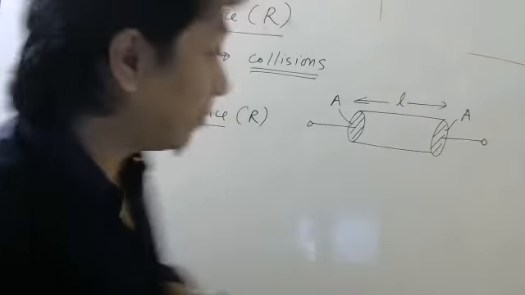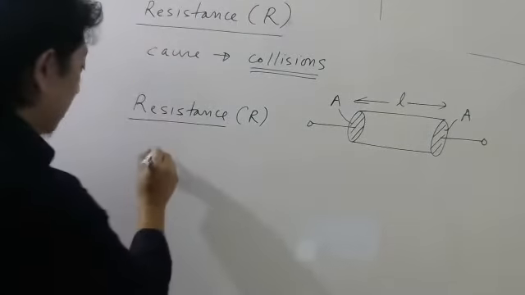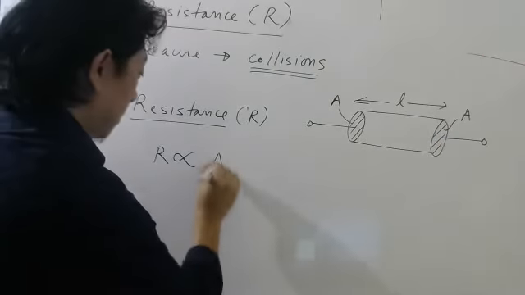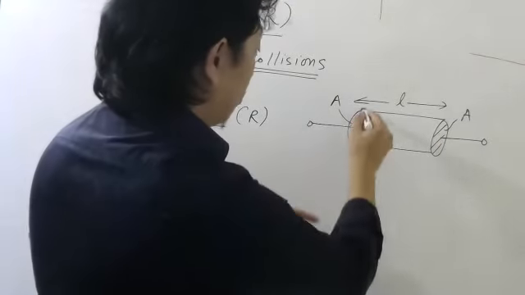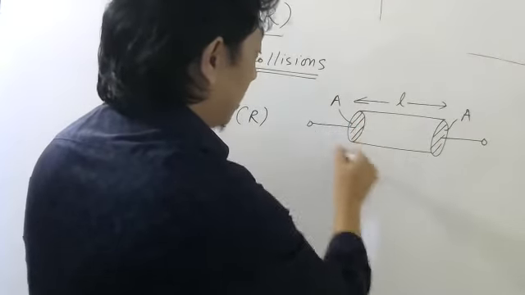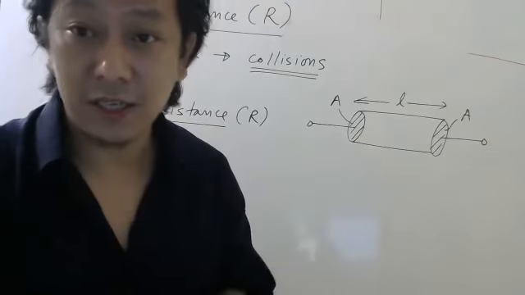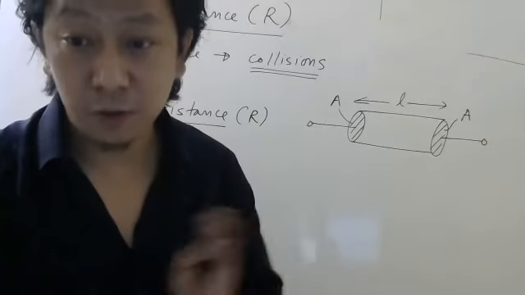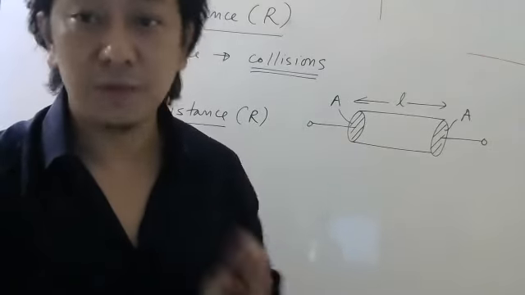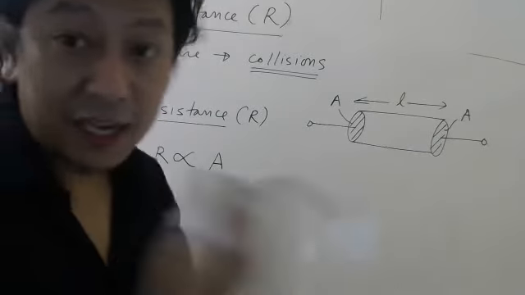Now, experimentally, people have found that the resistance of a wire is directly proportional to this area. If you double the area, they found the resistance also doubles, which we will discuss later from Ohm's law.